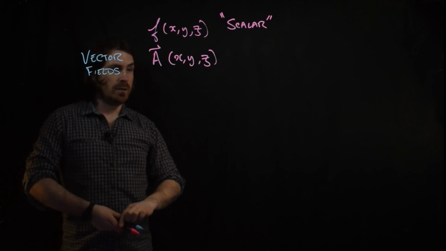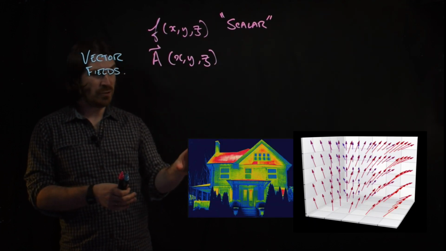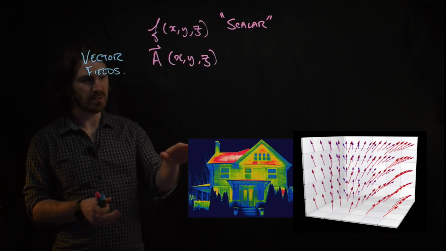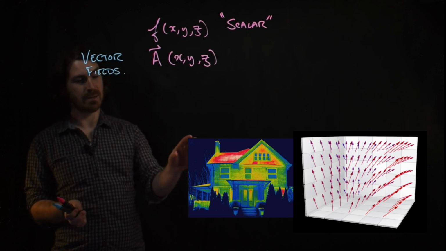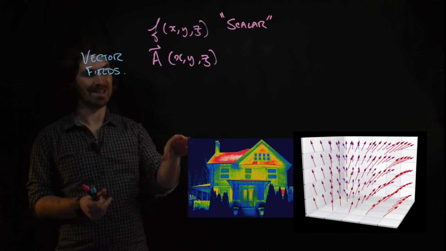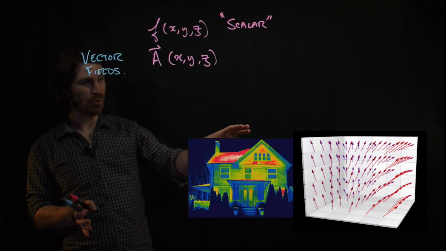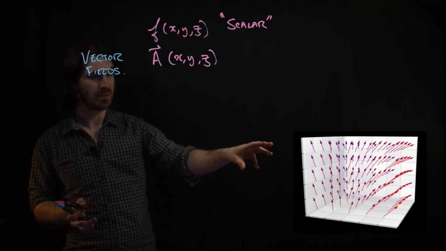All right, so here's another example. This image shows the temperature of a house. This is the surface of a house, and the colors represent the value of the scalar field, so the temperature at that point on the surface of the house. And this other image shows a vector field in some three-dimensional space.